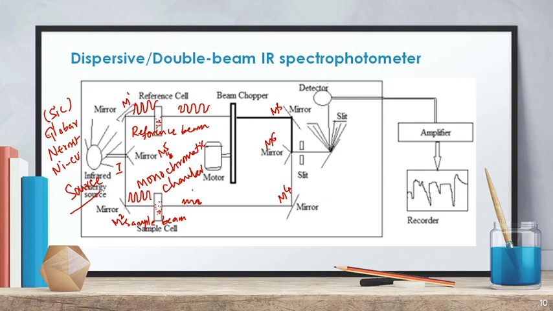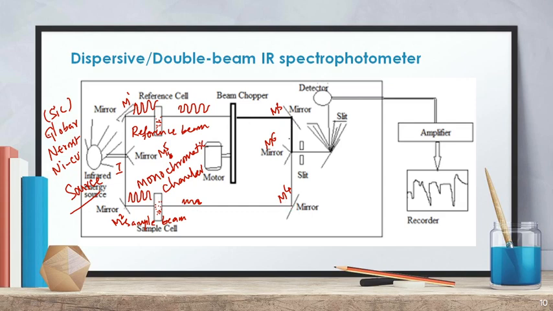Depending upon the transmitted beams from the reference cell containing the compound and the sample cell containing the compound, the reference beam can interact with a mirror placed here, and the sample beam, that is the transmitted beam, can also be hit by a mirror.